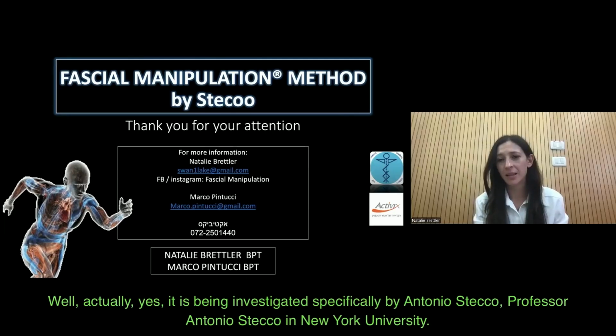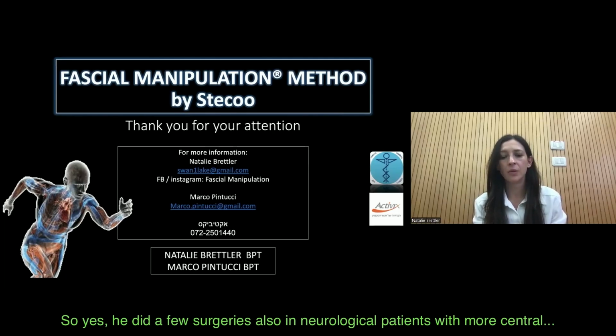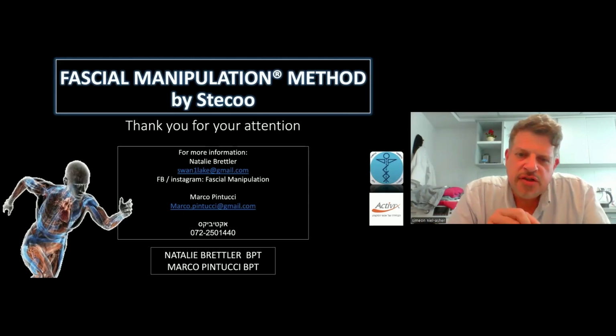Well, actually, yes, it is being investigated specifically by Professor Antonio Stecco at New York University. So yes, he did a few studies also on neurological patients with more central effects. I'm thinking about the effects, because some of your before and after effects can be from pain inhibition.